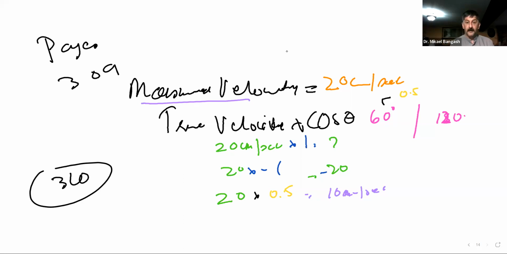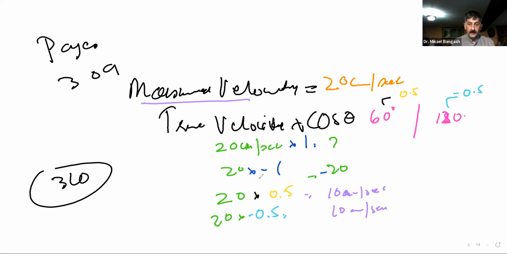Now, if you scan it from 120 degrees, the cosine theta value of 120 degrees is minus 0.5. So what do we get? The true velocity of the blood was still 20 centimeters per second, but now multiplied by minus 0.5. Well, 20 multiplied by 0.5, or half, is still going to become 10 centimeters per second, right?